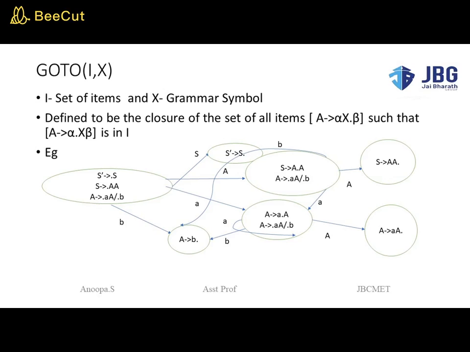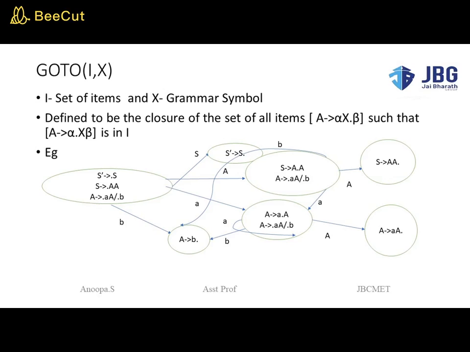Similarly we have to do this for the new set of items that we got. The first one is S' giving S. We cannot find any more closure for that, so we will stop with that. Now we'll take the next state: S giving A.A and A giving .aA or .b. Here one shift is possible with capital A, so we have got S giving AA. Now no more closure will be included in that set.